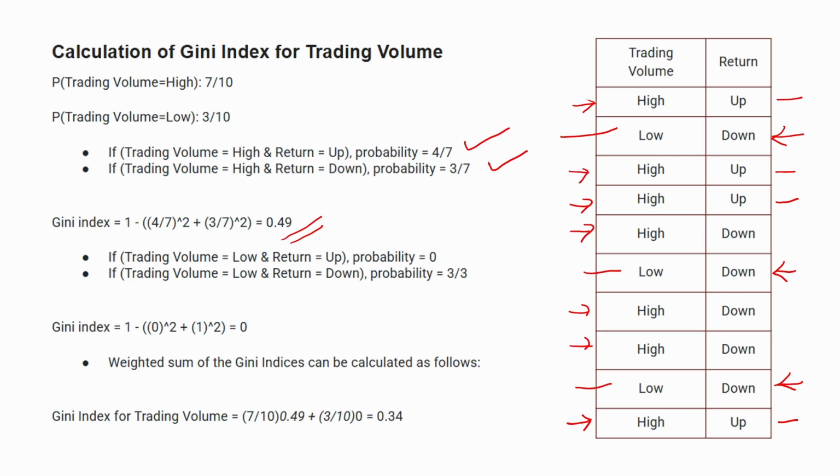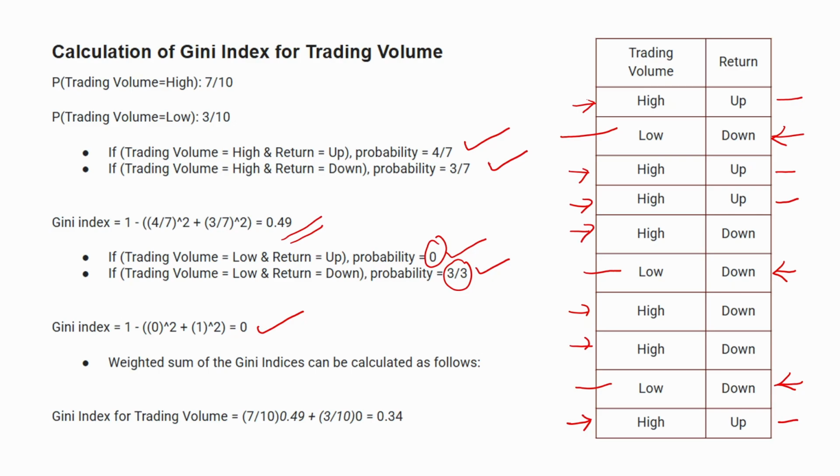So for trading volume low and return up, it is 0 because there is no up entry there for trading volume low. And for trading volume low, return down, you have 3 down entries, so you got it as 3 by 3. Now find the Gini index. That is nothing but 1 minus this square plus this square. So the value is 0. So that Gini index is also found.